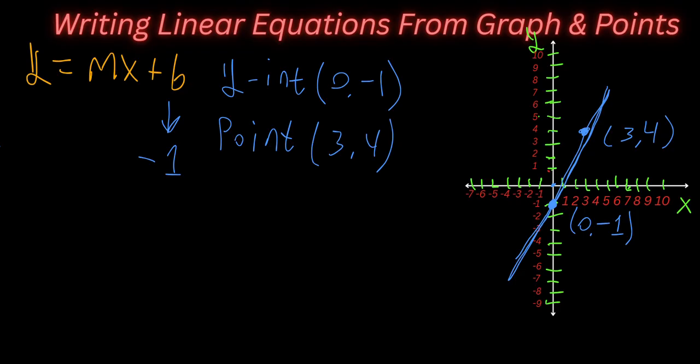But we need to compute the slope, and we're going to do that by doing y2 minus y1 divided by x2 minus x1. We get 5 over 3.